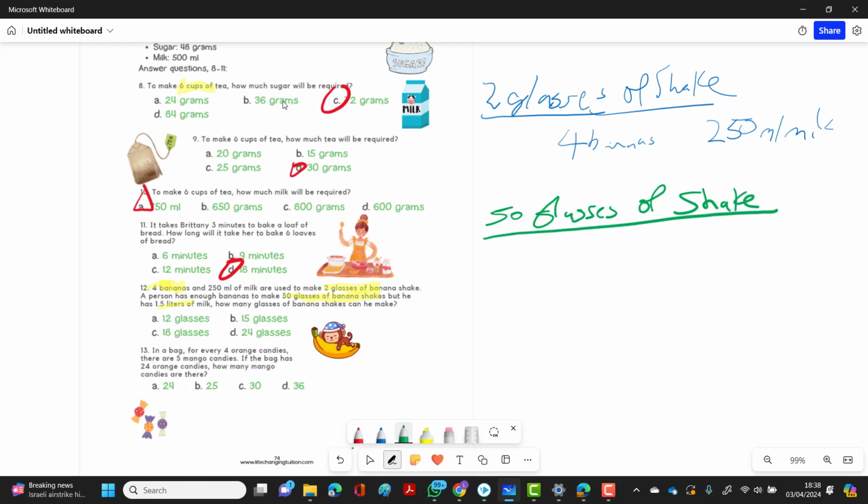How many do you need? You need 50 glasses. So to get from 2 to 50, you times by 25. So you have to times everything by 25. So the bananas he'll have is 4 times 25, which would be 100 bananas.